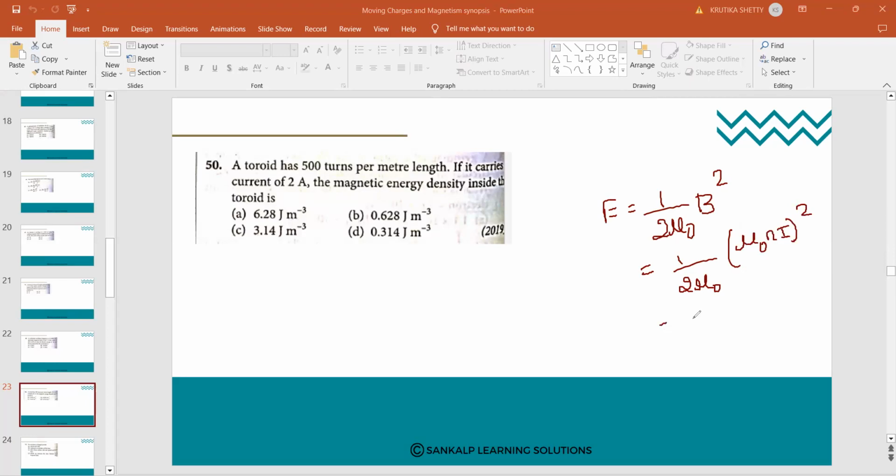So mu naught cancels. Therefore we have 1 by 2 into mu naught into n square into I square. So mu naught value is 4 pi into 10 raised to minus 7. Number of turns is 500, so 500 into 500 into the current is 2 into 2, 4. Yes. So simplify, you will get the energy density.